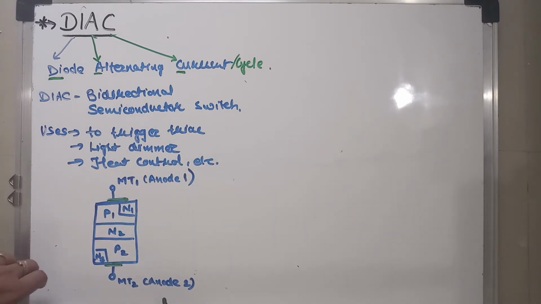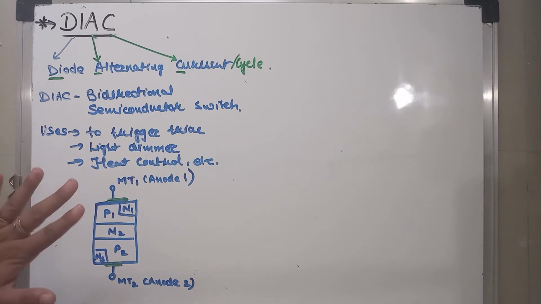So now let's understand the working of a diac, how it works. There is no control terminal. As we know, in an SCR and in a triac there is a gate terminal, and the gate terminal acts as a control terminal. Whereas in a diac only two terminals are there, labeled main terminal 1 and 2.